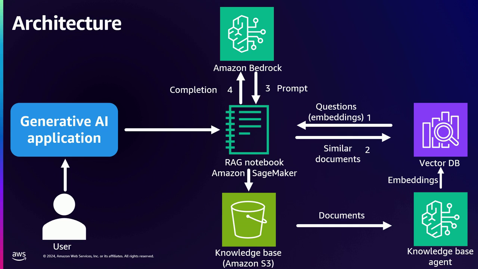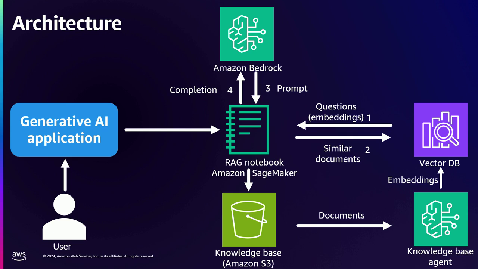It's just a way to improve the response you get from generative AI applications by providing contextual data. So in this case, Amazon SageMaker is using a RAG notebook, which, when this user asks a question, is going to go into the search engine, which is a vector database running on Amazon OpenSearch, and that is going to go into a knowledge base agent and eventually into a knowledge base on S3, right?